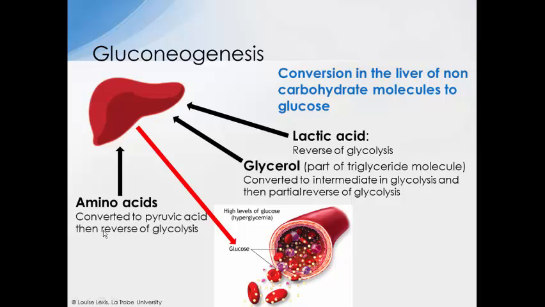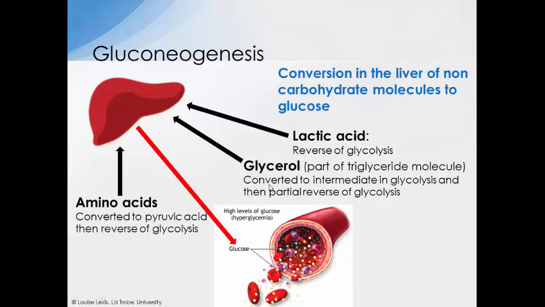So for amino acids, they are converted into pyruvic acid and then taken through the reverse of glycolysis up to glucose. Lactic acid, remember, is going one step further in the glycolytic pathway, where pyruvic acid is converted into lactic acid. So the lactic acid is taken through the reverse of glycolysis, where you get the production of glucose.